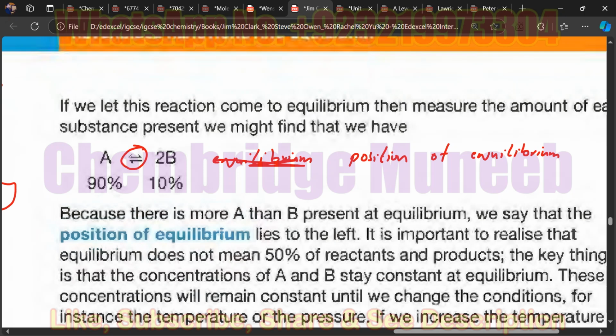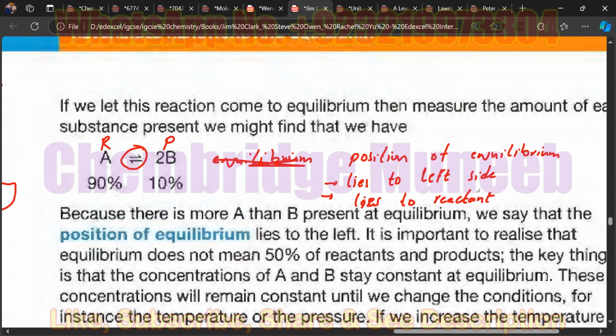In A. So we will say the position of equilibrium lies to the left side, or if you consider this as reactant and that as product, you will also say that the position of equilibrium lies to the reactant. That's what it means.